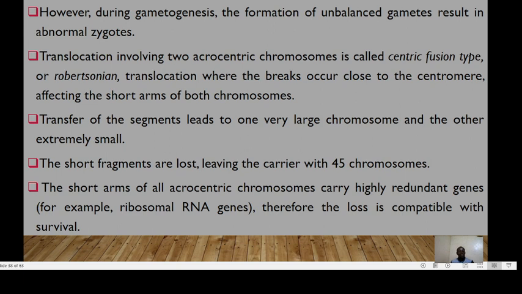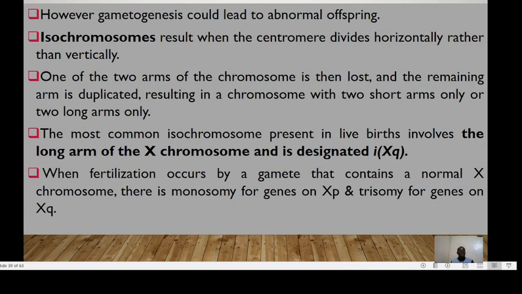The short fragments are lost, leaving the carrier with 45 chromosomes. The short arms of all acrocentric chromosomes carry highly redundant genes, for example the ribosomal RNA genes. Therefore, the loss is compatible with survival. However, gametogenesis could lead to abnormal offspring.